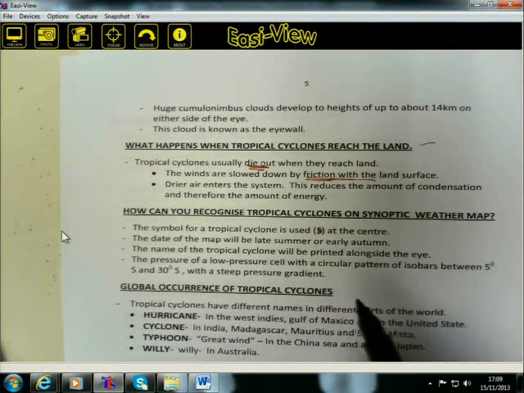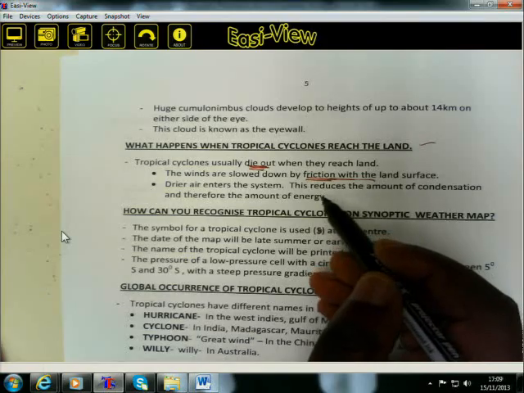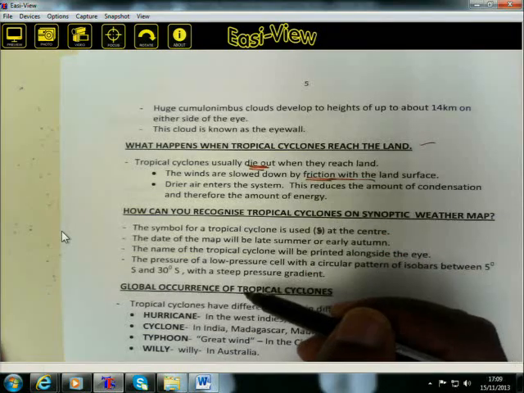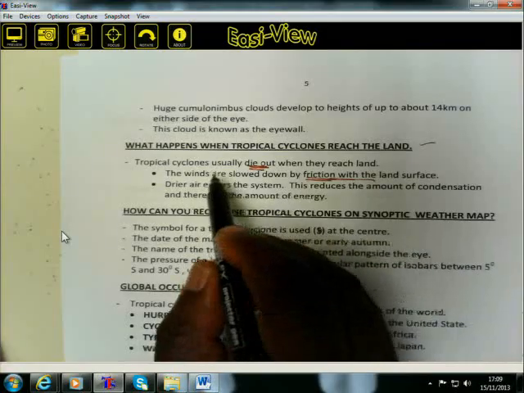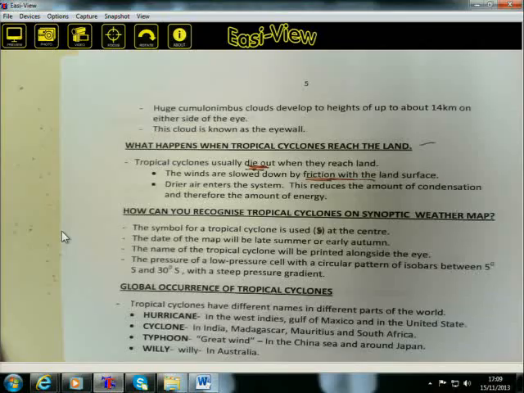That is why the tropical cyclones are able to move great distances over the oceans. But immediately when it reaches the land, the friction increases. Friction from the land surface. When that happens, it causes the tropical cyclone ultimately to die. The friction over the land is more than the friction over the sea.